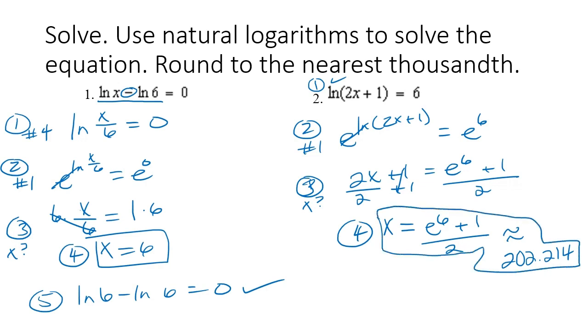We're going to plug it in and check. If you want to get a 100% check, you can use the exact. This time I'm going to encourage you to use the approximate and see what happens. So if I do natural log of 202.214 times 2 plus 1, what do I get?